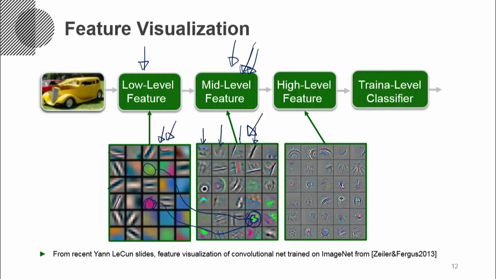Okay, and also in the previous case, it detected this straight shape of this edge representation, but in the second layer, it can have a little bit slanted or a little bit curved patterns as well.